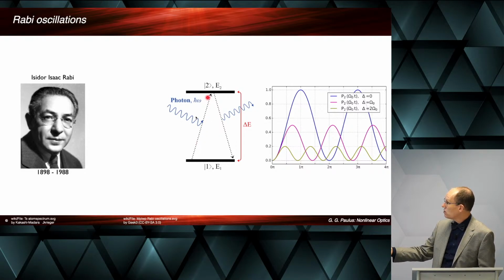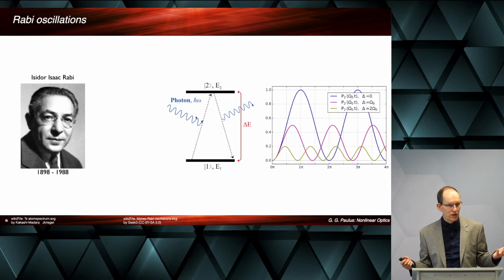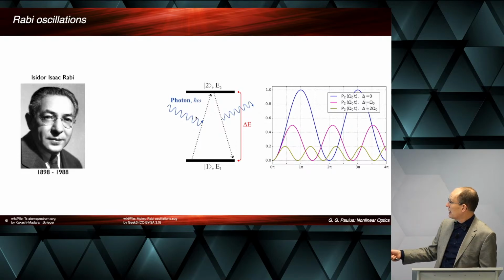If you don't shine in with exactly the resonance frequency, but with a slightly different frequency, then you don't achieve a complete transfer of the population to the upper state, but only a partial one, right?